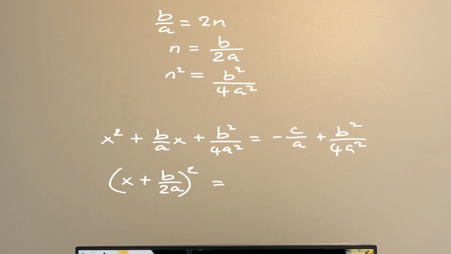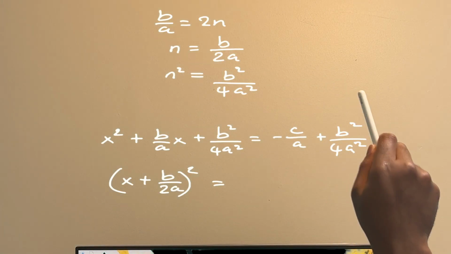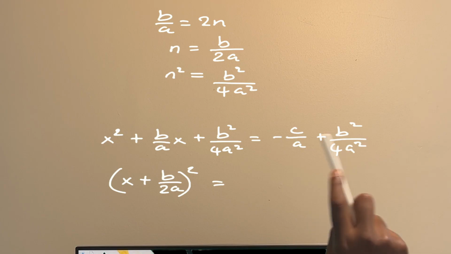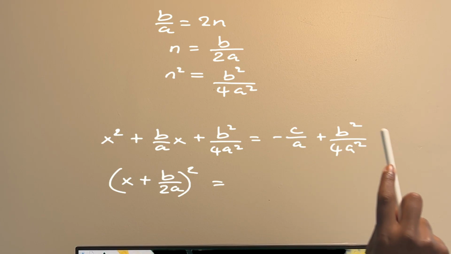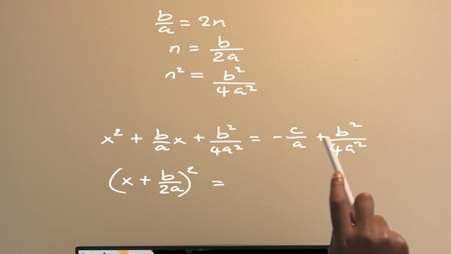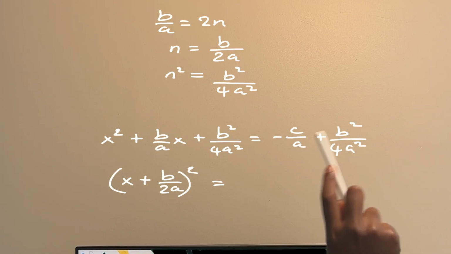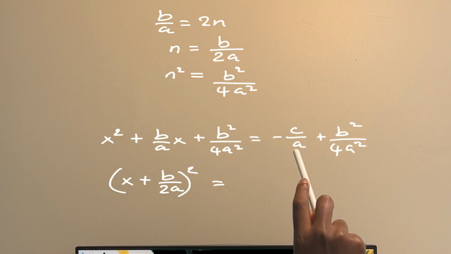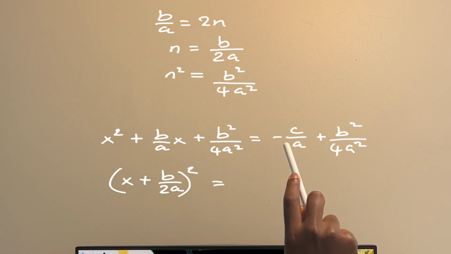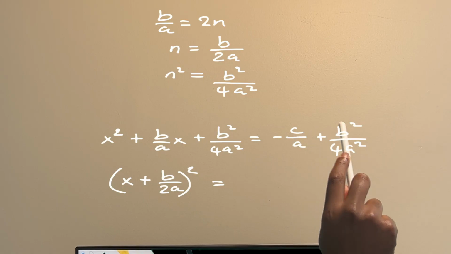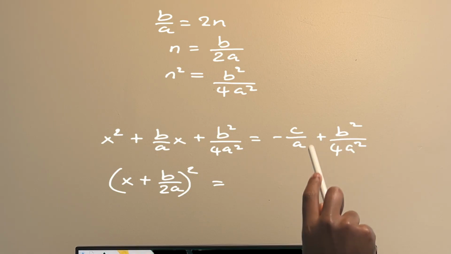Now, we can simplify this by adding both fractions. We can commute this to this side, so we have the positive here and the negative here. If we want a common denominator of 4a squared, all we have to do is multiply this by 4a. We get a common denominator, then add negative 4ac plus b squared over the common denominator.